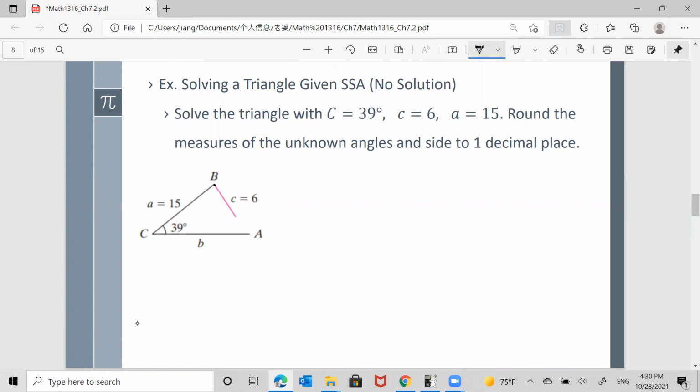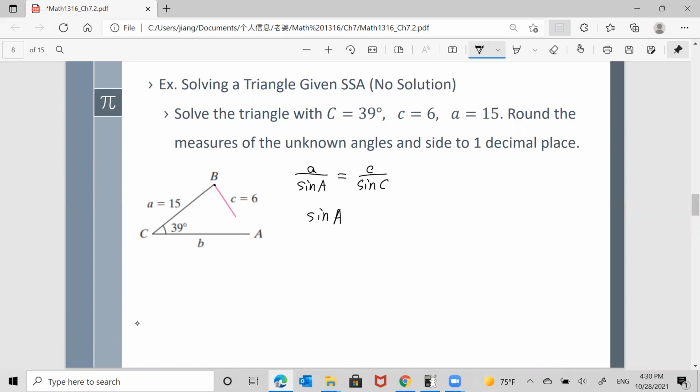Angle C is given, and the length c is given, a is given. That means I can use a over sine A equals c over sine C. So what is sine A? So do the cross multiplication.